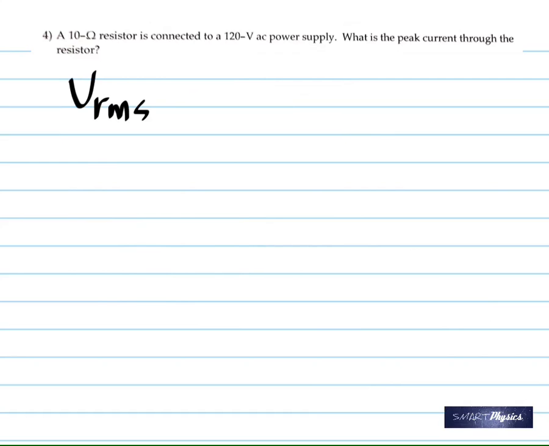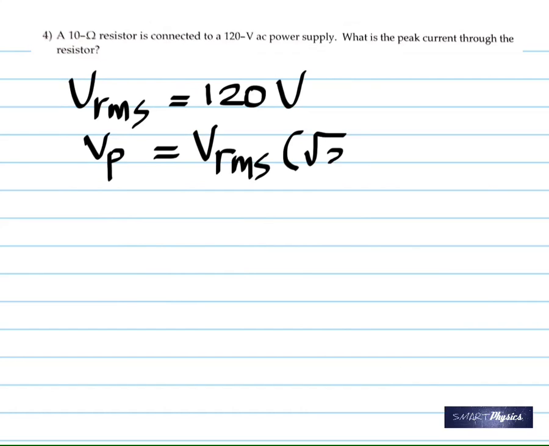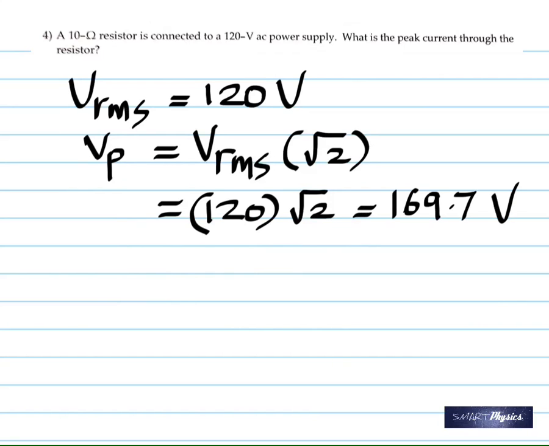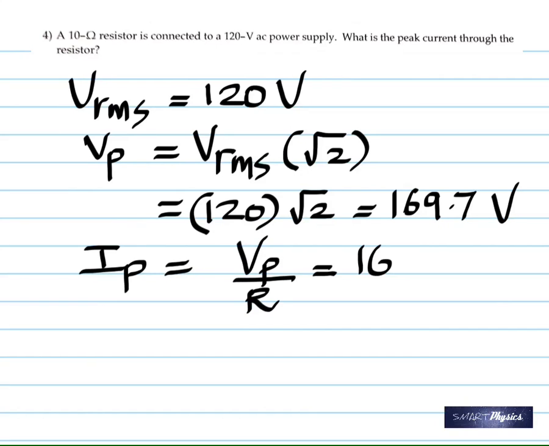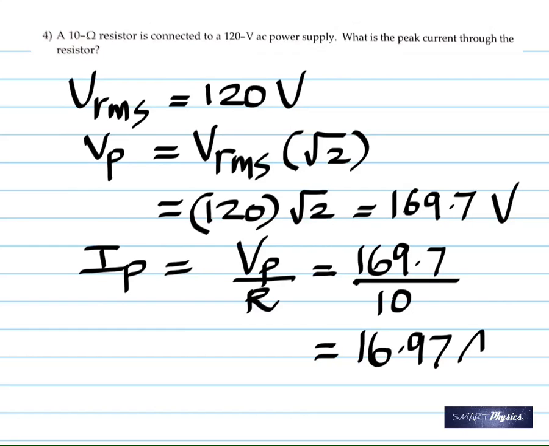So first we can find the peak voltage by multiplying the RMS with square root of 2, and then find the peak current by dividing this voltage by the resistance. That gives 16.97 amperes, which is rounded off to 17 amperes.